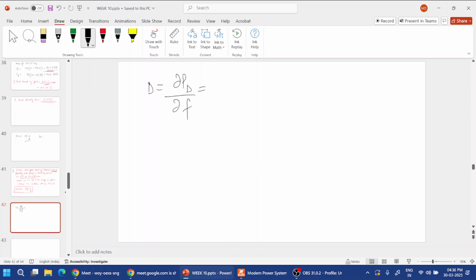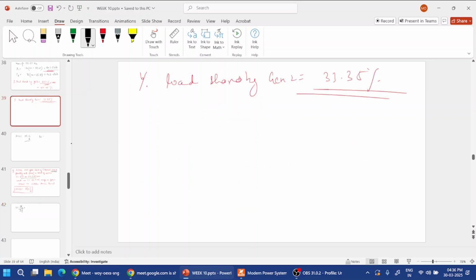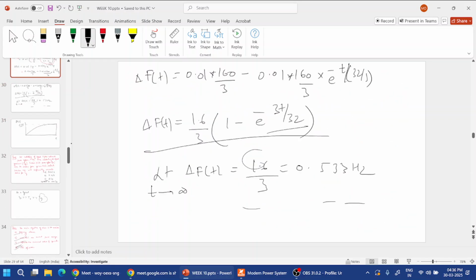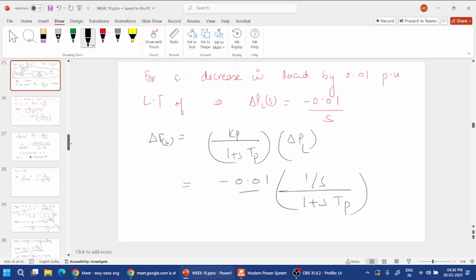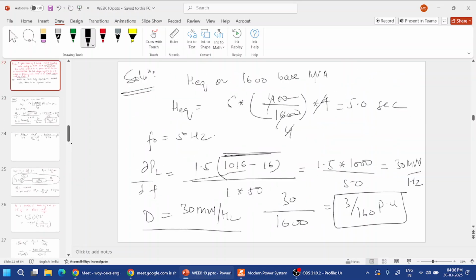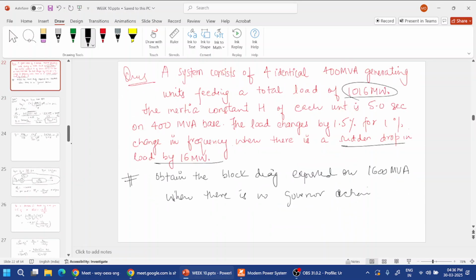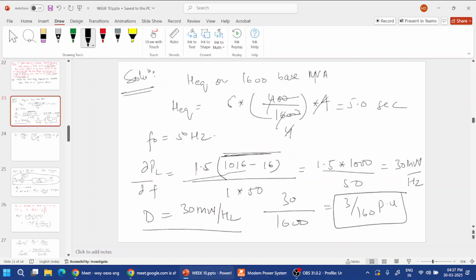Load varies by 1%, like what we have calculated in the previous questions, I will take you back toward that. Here it is 1.5% for 1 percentage change, and load changes to 16 megawatt.